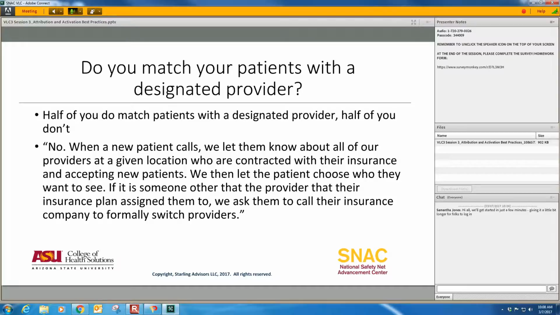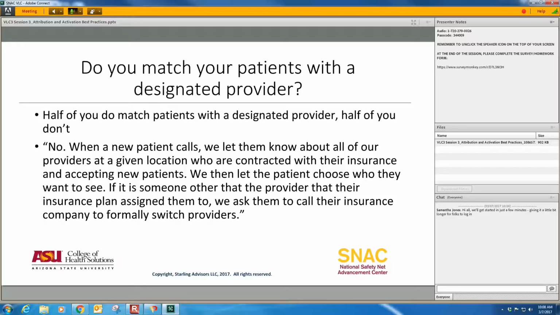Empanelment is a concept that I think is easy to understand but hard to implement in practice. So we're curious how many folks are actually able to match patients with a designated provider, and about half of you do this and half of you don't.